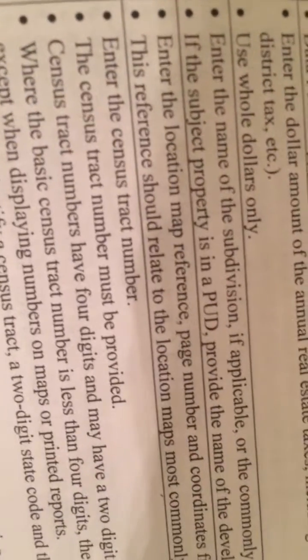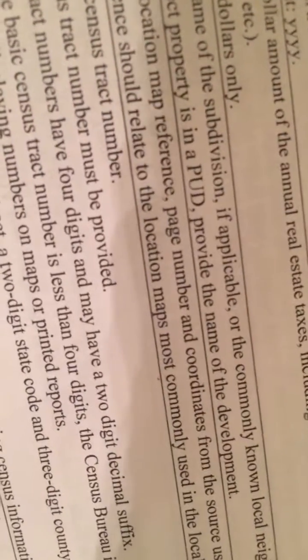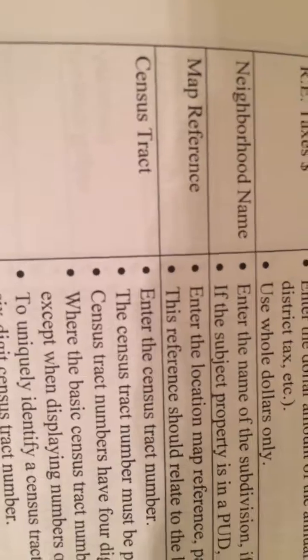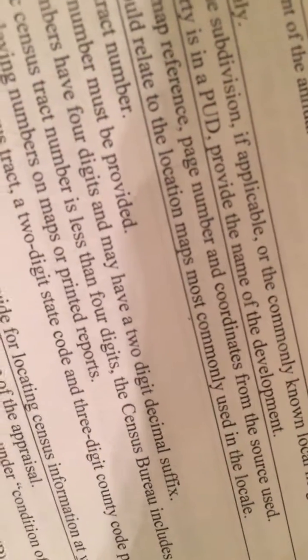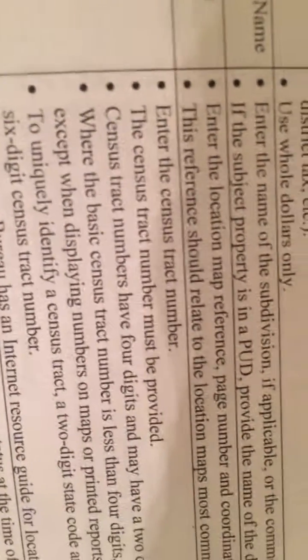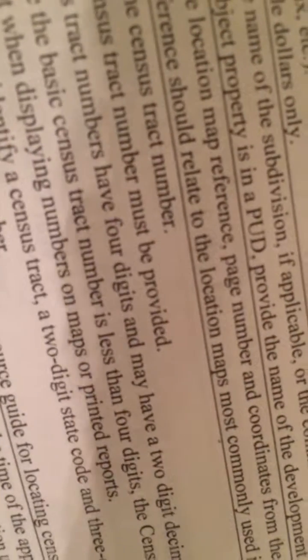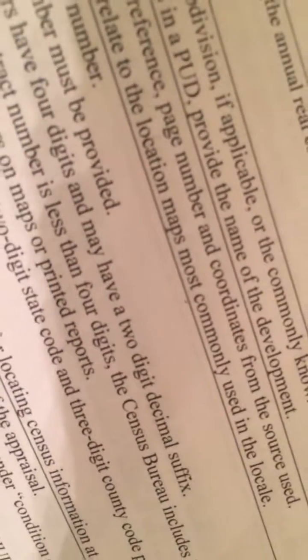If the subject property is in a PUD, provide the name of the development. Map reference. Enter the location map reference, page number, and coordinates from the source used. This reference should relate to the location maps most commonly used in the locale.